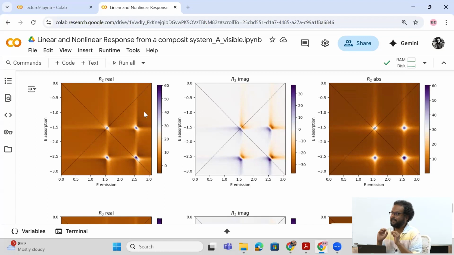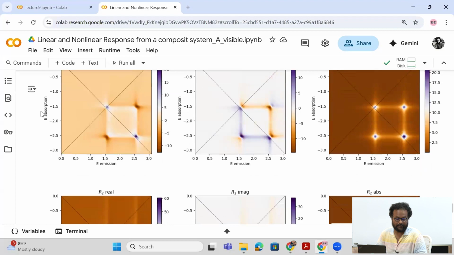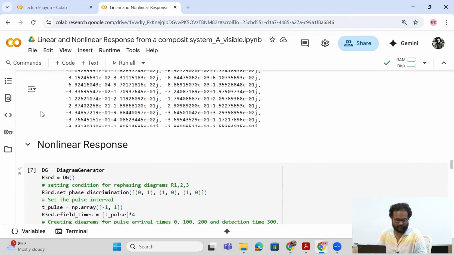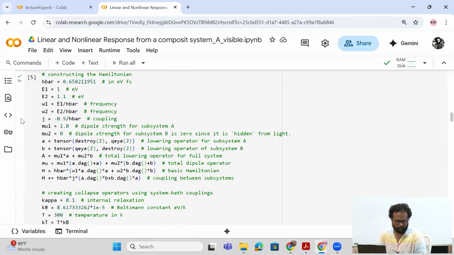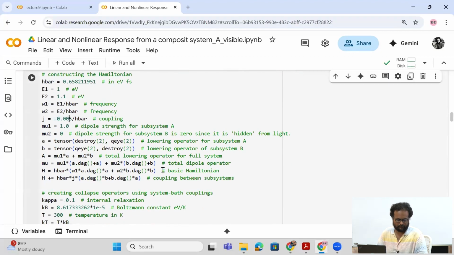Now let's quickly see what happens if I reduce my coupling constant. So this is a strong coupling where I take two states, one doesn't have a dipole, mix them, and we produce new states. Now let's see what happens if I go back and change my system. Let's say I make this very small.